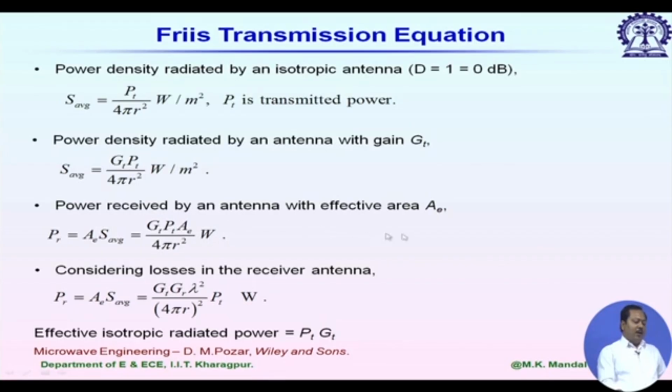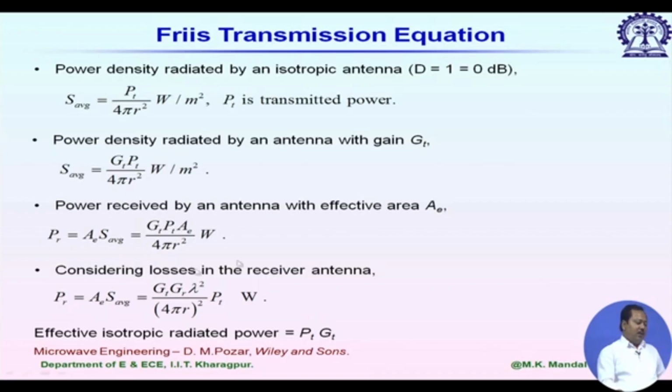Now, the receiver antenna is obviously associated with some loss. That loss term is included in the antenna parameter gain. So it is better to use the antenna parameter gain for the receiver, let us say GR. Then we have a formula that relates the gain of the antenna with its effective area AE and the wavelength.